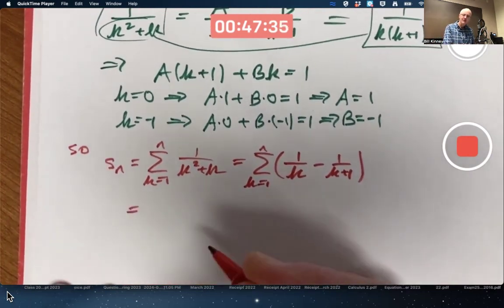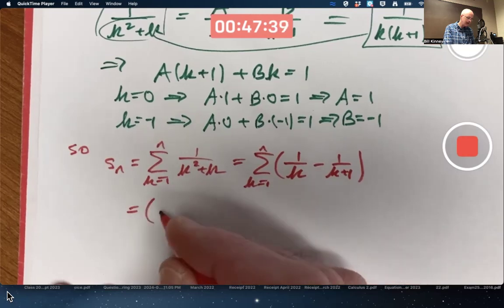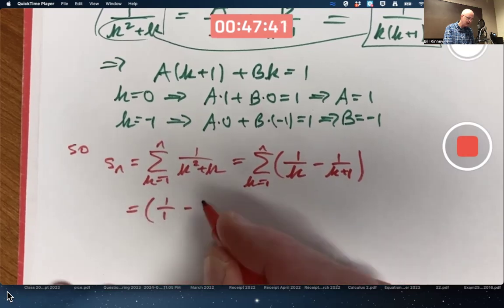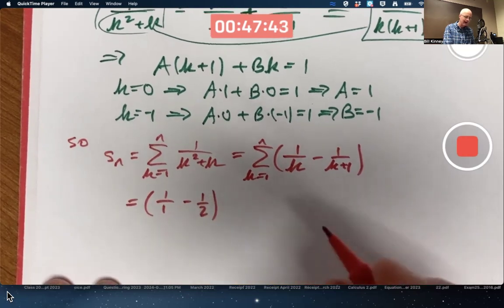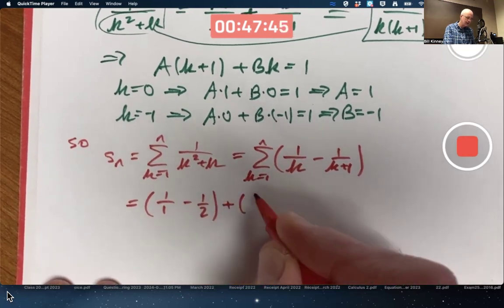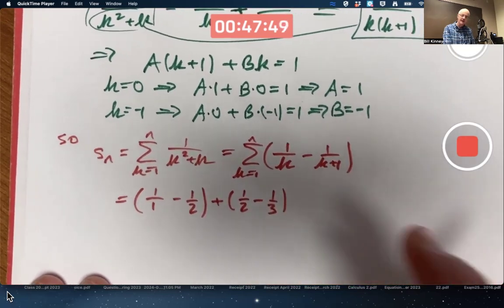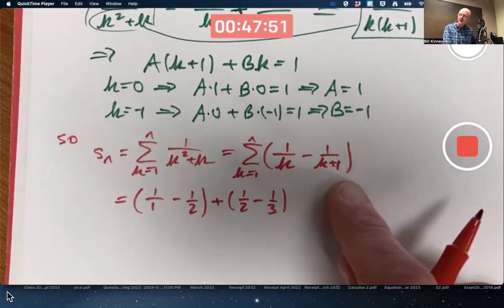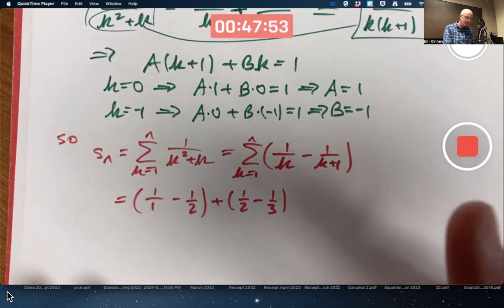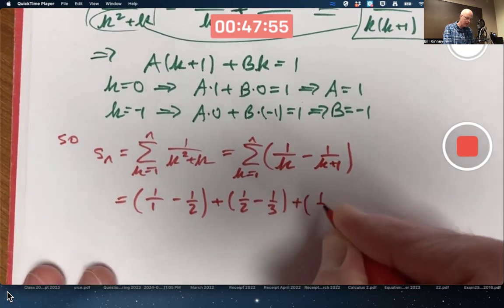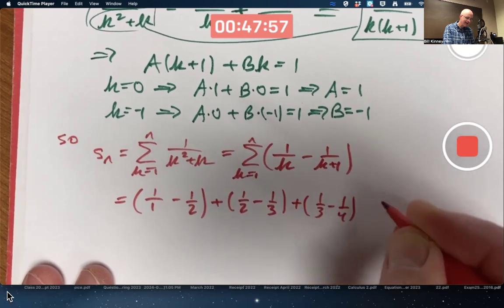if you write this out without a summation sign, when K equals 1, it's 1 over 1 minus 1/2. When K equals 2, it's 1/2 minus 1/3. When K equals 3, it's 1/3 minus 1/4.